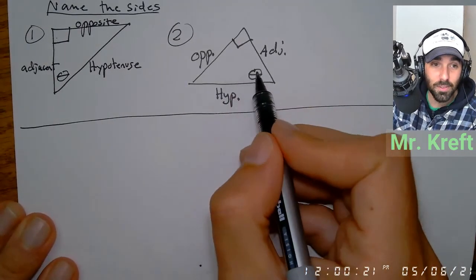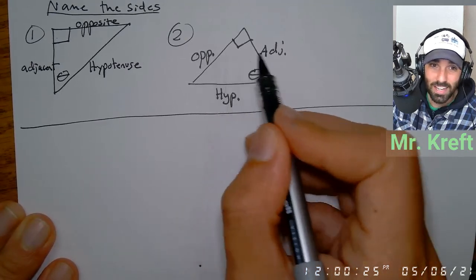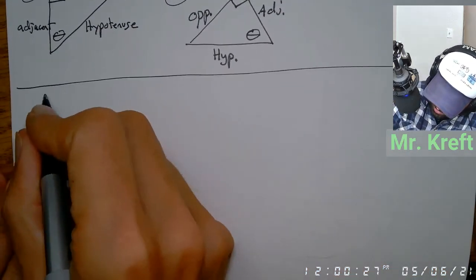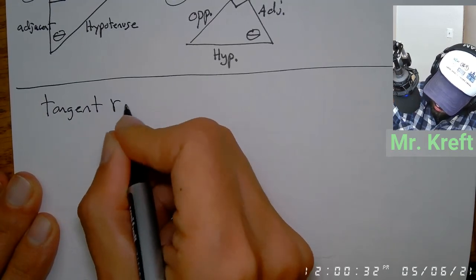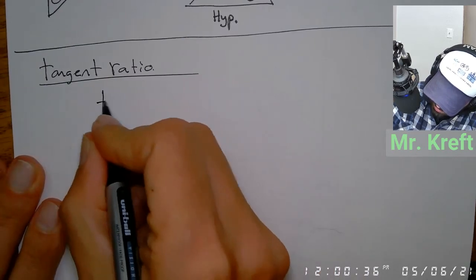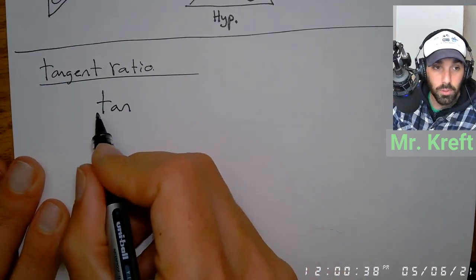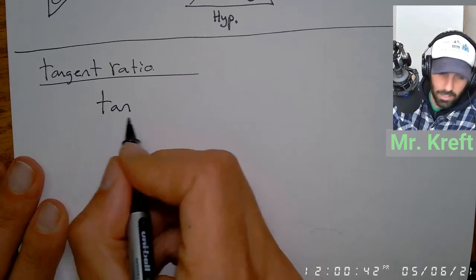So remember how I was talking about how theta changes? Then this angle changes, and these two sides are going to be the same. So the tangent ratio, how many times am I going to write this? It's tangent, and we abbreviate tangent as TAN.